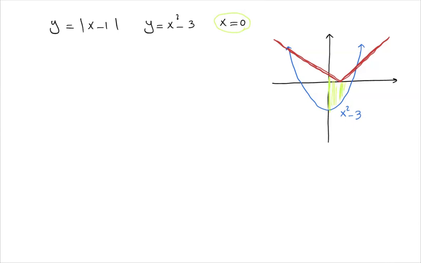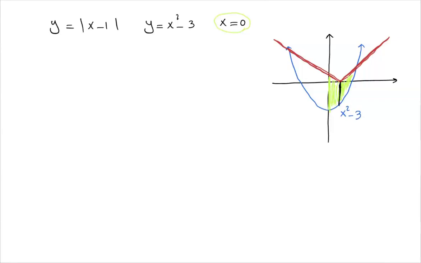So basically, you want to know what is this area? How do we calculate this area? To calculate this area, let us divide this up into 2 portions, right? Why is that? Take a look.